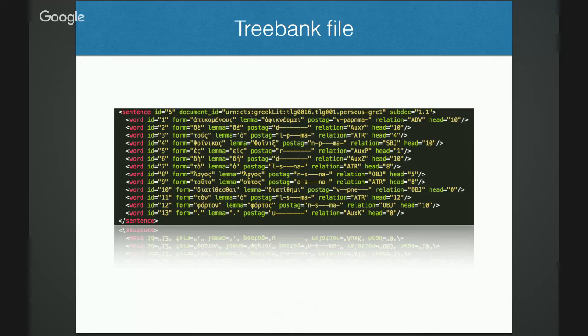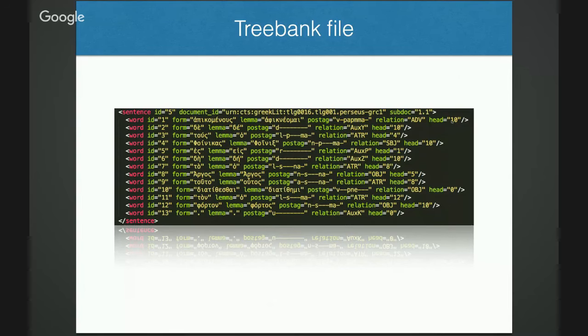And then we added a number of other attributes, lemma, postag, relation, and head, in order to describe this word. So we added what the lemma is for this word, then the morphological information, and finally the syntactic function of this word with respect to the word with ID number 10, which is the head, the governor of this word.